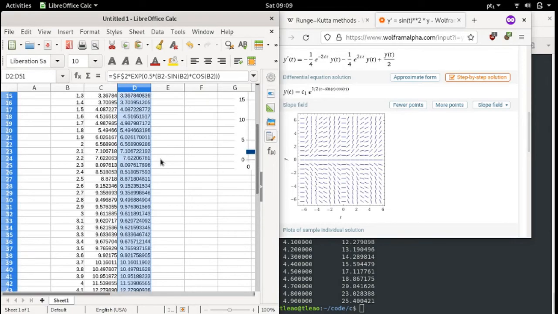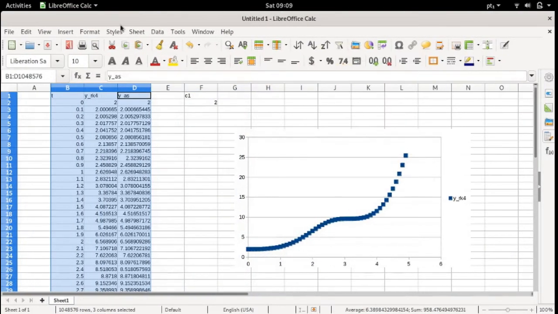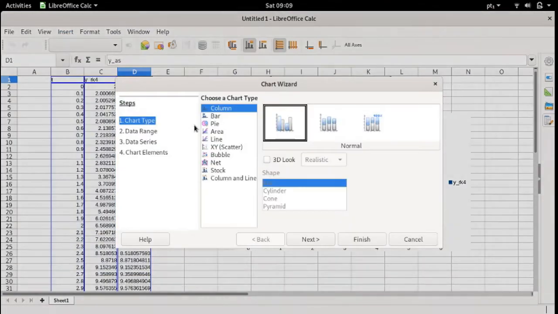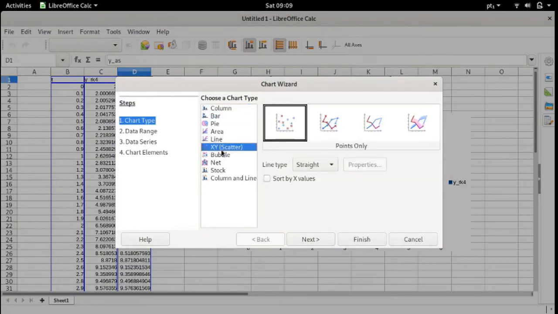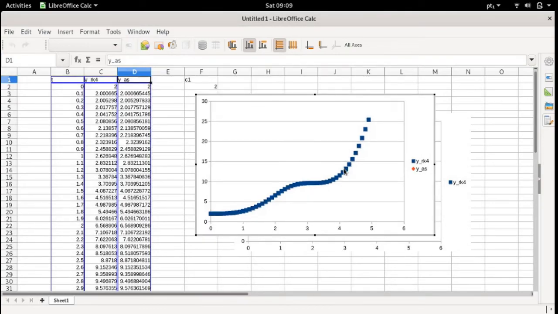You see that the precision is very high in this case. So the values are very close. Maximize this here, and I'm going to do another plot. The values are so close that you cannot see the second curve. But if I delete one curve here, the other curve is below it.